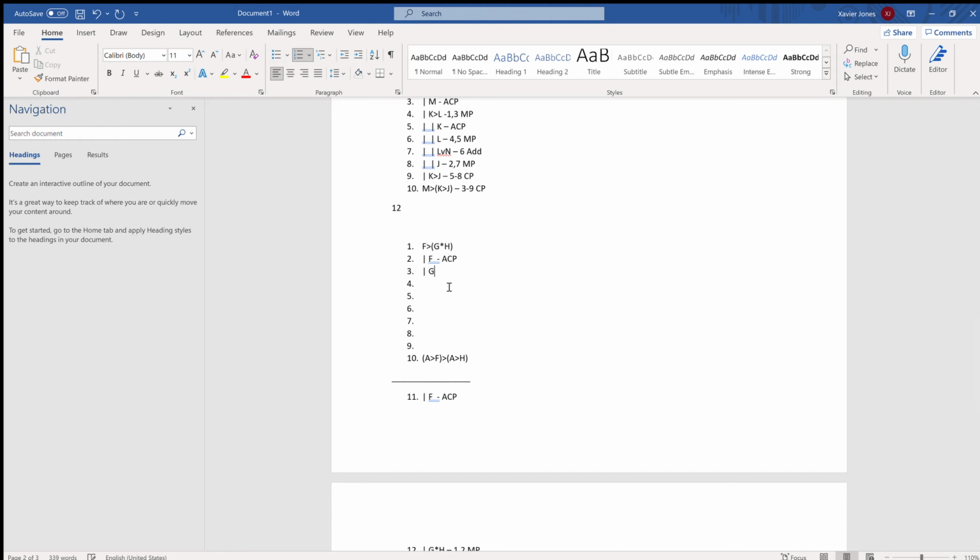Line 1 and 2 modus ponens, and then we can get F or A, because we're going to have to somewhere in here.